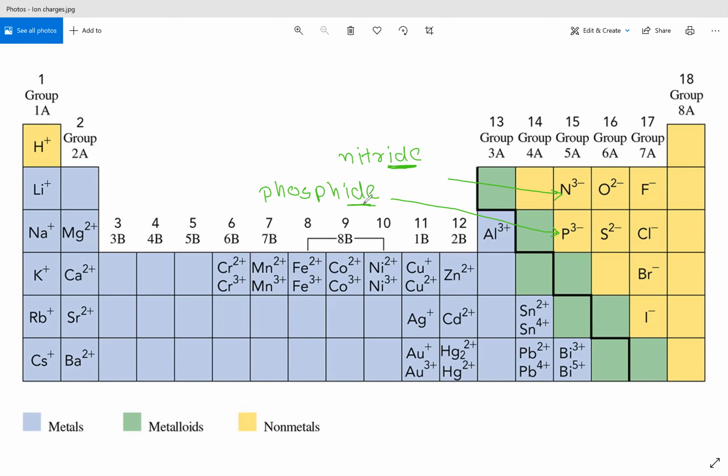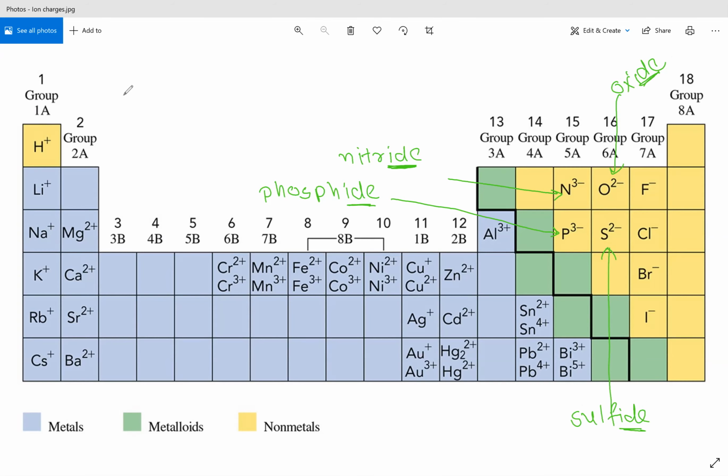So whenever we have a monoatomic anion, we use IDE as the suffix. For oxygen, we just learned it should be oxide. For sulfur, what should we call it? Sulfide. Excellent. Everybody get this now? IDE as a suffix. So every time you see IDE, you should know that it is a monoatomic anion.